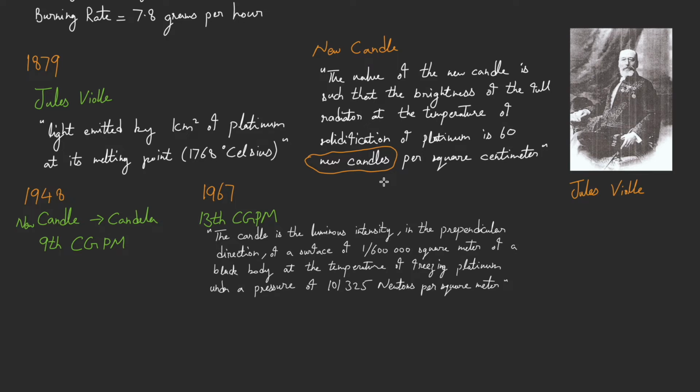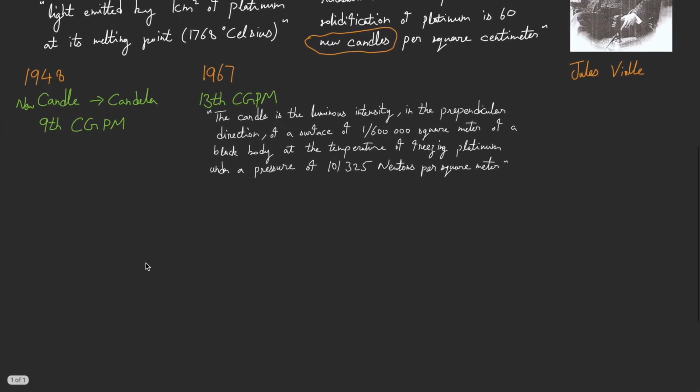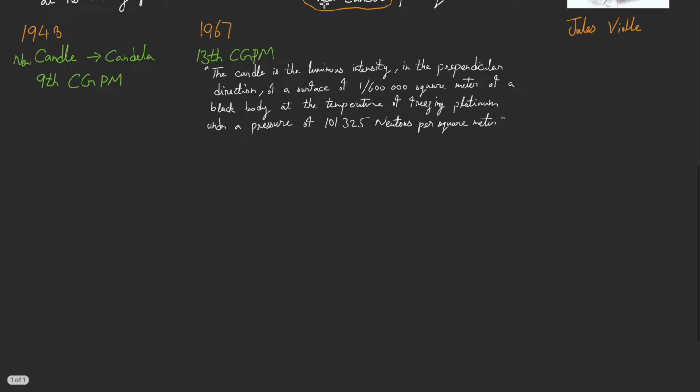Now in 1979, because of the difficulties of Planck radiator, meaning black body effect at high temperatures, and with the advances in radiometry.